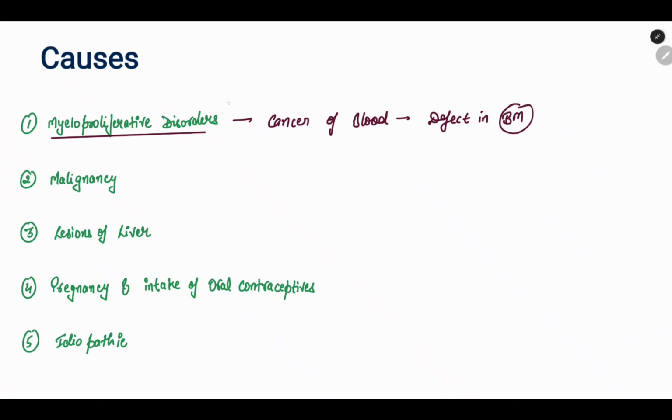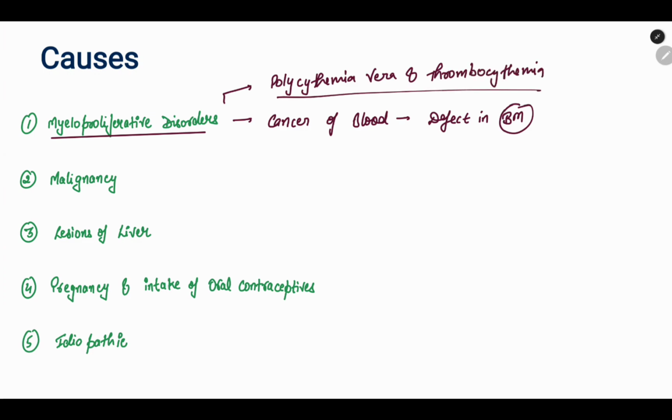The most common myeloproliferative disorders are polycythemia vera and thrombocythemia.